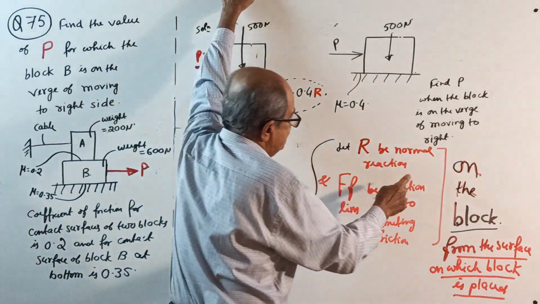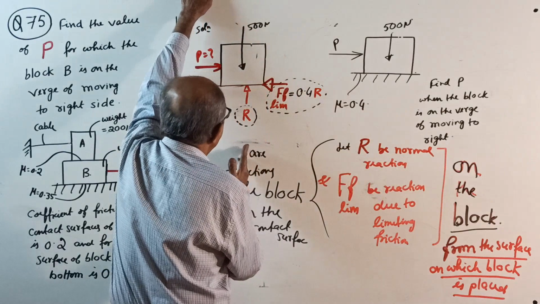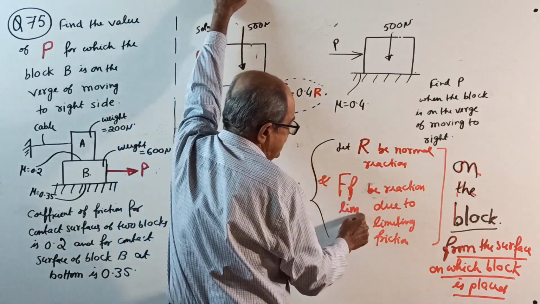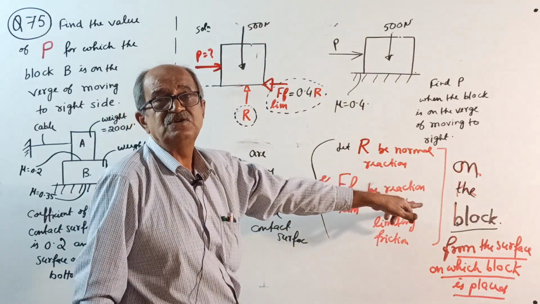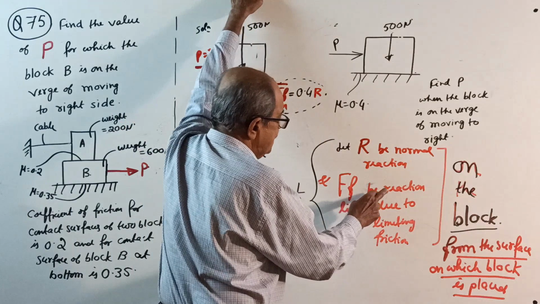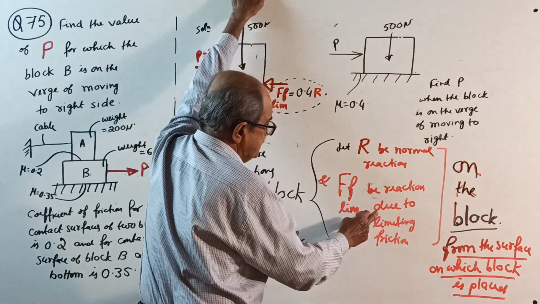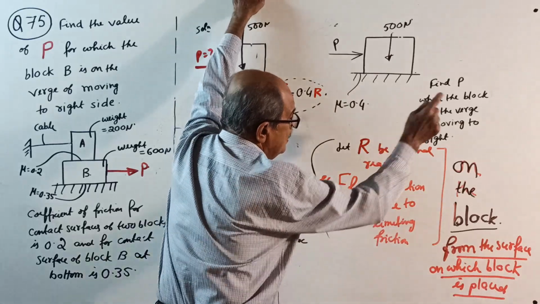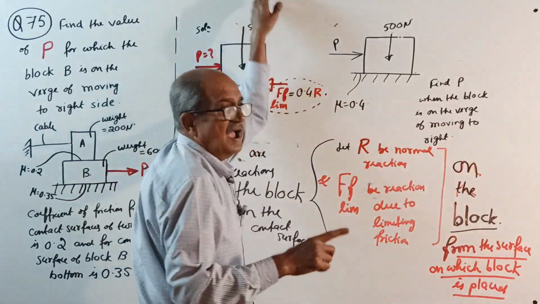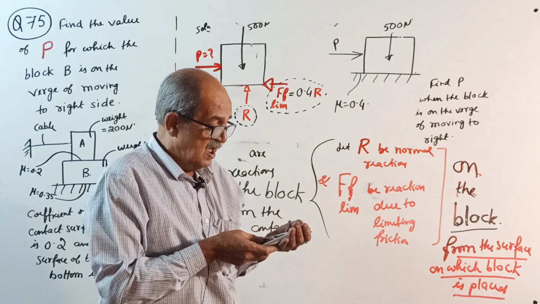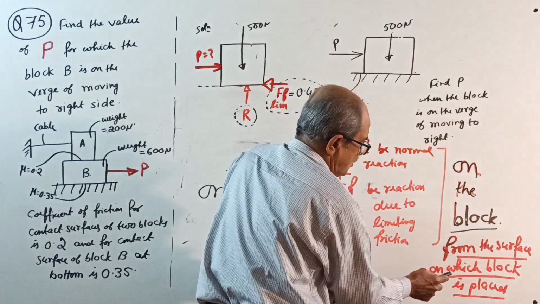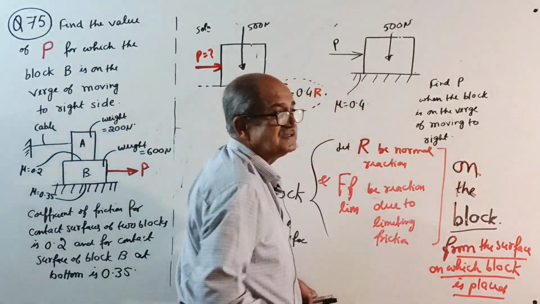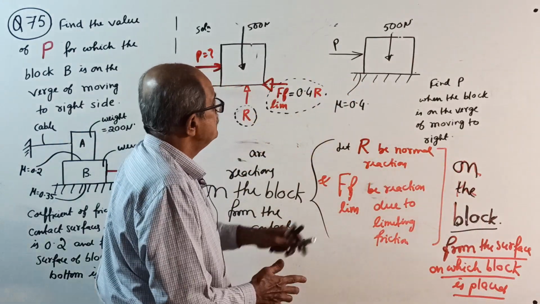So that is a reaction. R is the normal reaction. In the beginning of the subject I used to write reaction, then I stopped and wrote frictional force. It is the reaction due to limiting friction on the block, from the surface on which the block is placed. I will not tell again and again. Now this much is over.